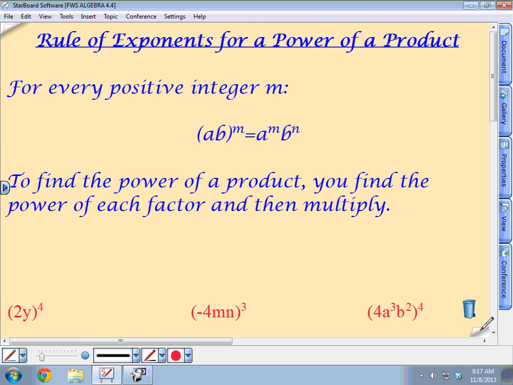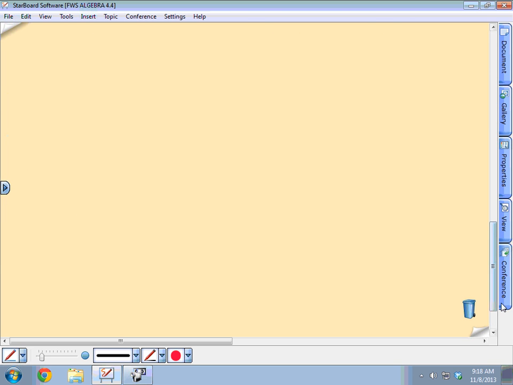Copy down the second one. Mr. Sager, I'm so confused on that lesson back where you had b to the 5th and then you had b in parentheses to the 5th. What's the difference? Pick some numbers.